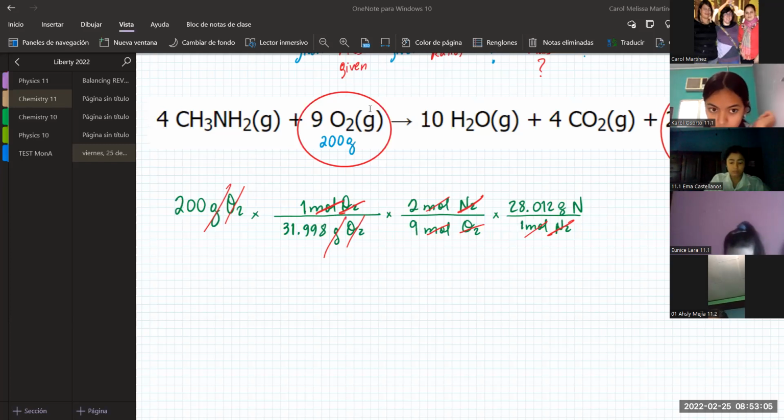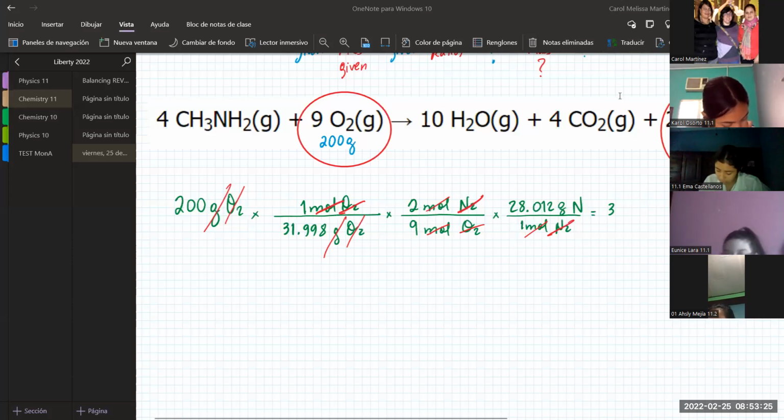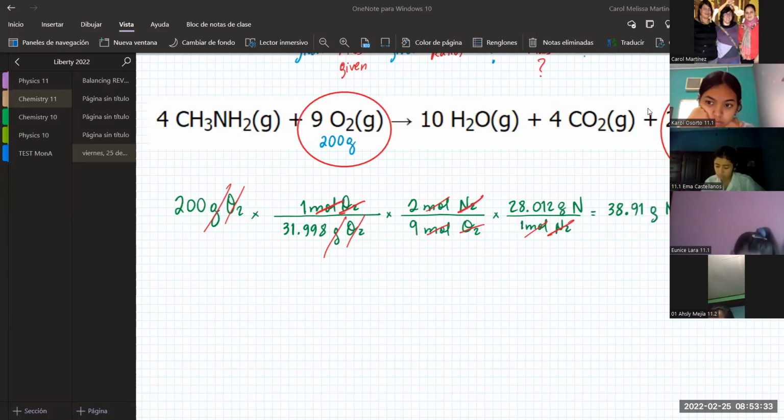Okay, 38.91. So what does this answer mean? That in order to get at least 38 grams of nitrogen, I need to use 200 grams of oxygen.